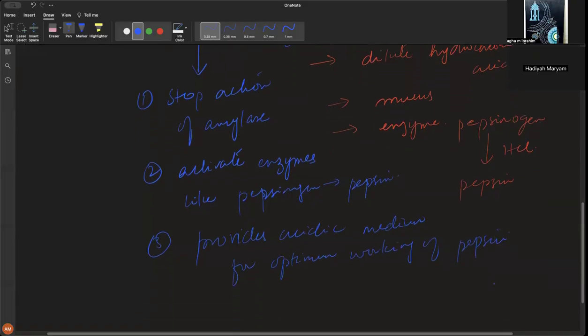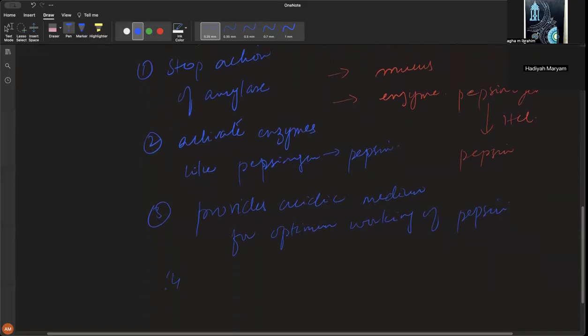And this acidic nature also does what? It kills potentially harmful microorganisms in food.